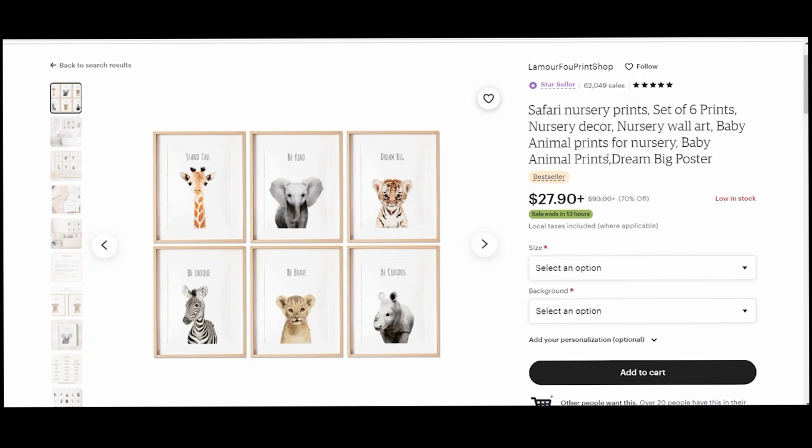And here you see that this seller is competing with a less saturated keyword, which is safari nursery prints, in order to make sure that they are seen in this 5 million search.